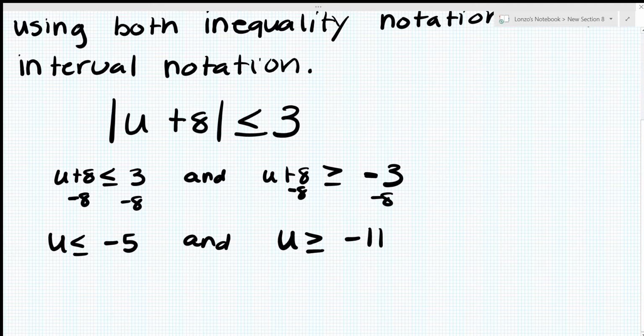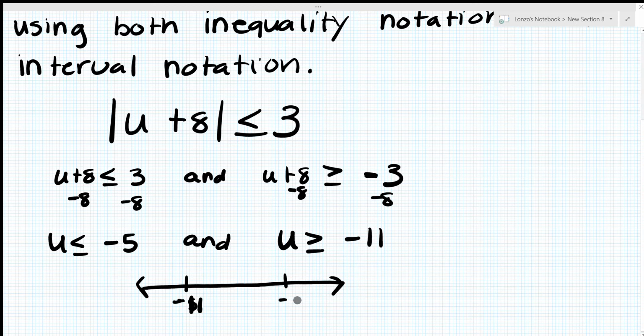So now let's put it on the number line. So we definitely know it's going to connect because it's an and problem. Okay, so let's connect it. Smaller number goes to the left. Here's negative 5. Biggest, whoops, this should be negative 11, not negative 5. The smallest number goes to the left, and the biggest positive number goes to the right.